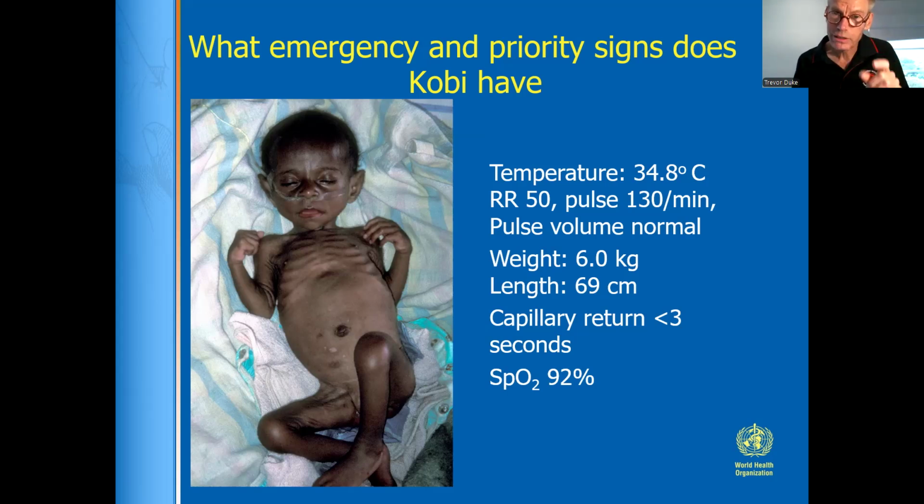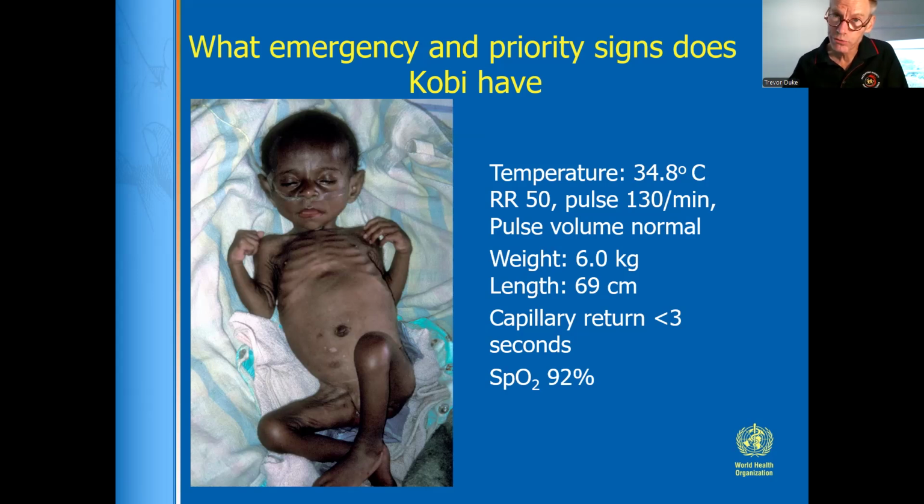When you get onto B for breathing, look for signs of respiratory distress, so the respiratory rate, look for chest indrawing, look for tracheal tug, look for grunting, those signs of severe respiratory distress. Then in terms of C for circulation, airway, breathing, circulation, you feel the hands and feel the feet. Feel the hands to feel if they are warm or cold.